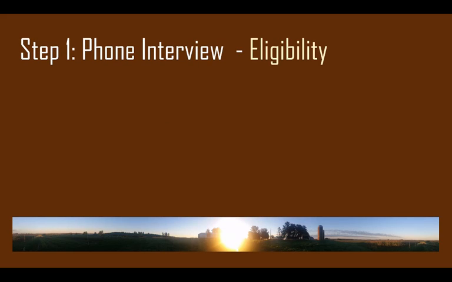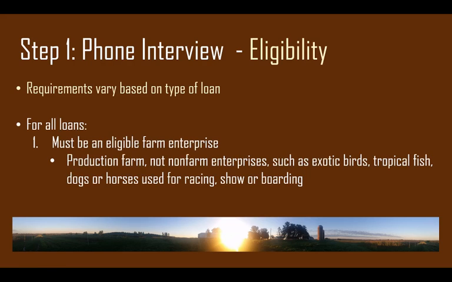Okay, so step one, and this is really important just in beginning the whole process, is to determine your eligibility. And the FSA requirements for eligibility vary based on the type of loan that you're asking for. For all loans, you must be an eligible farm enterprise.